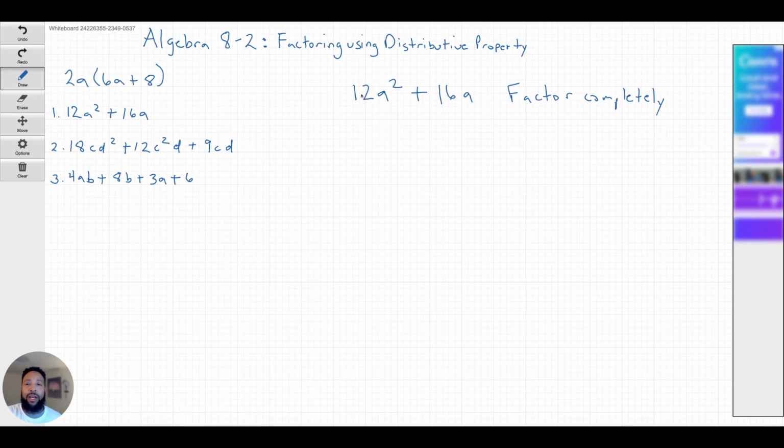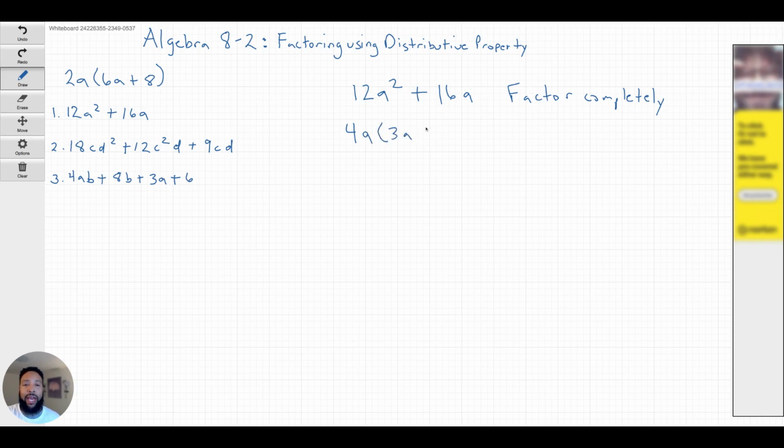So again, let's look at 12, 16. Greatest common factor is 4. We see that there's an a in both sides, at least one, so we'll pull out the a. So what we have left is 3a plus 4. So that's similar to what we did before, but I wanted to show you the inverse of that. So now we'll work on number 2.